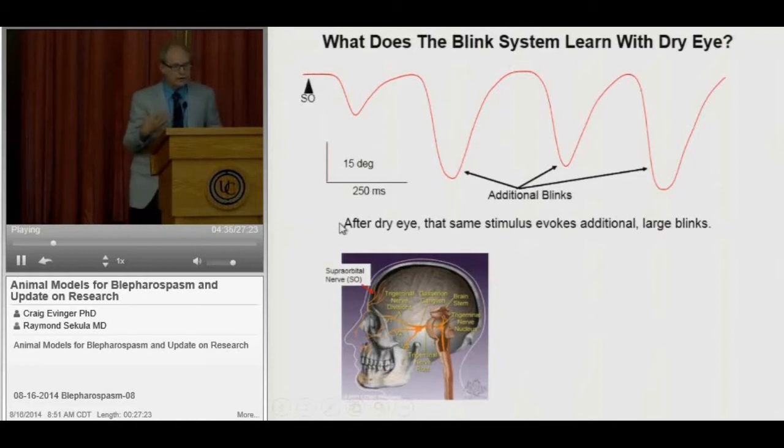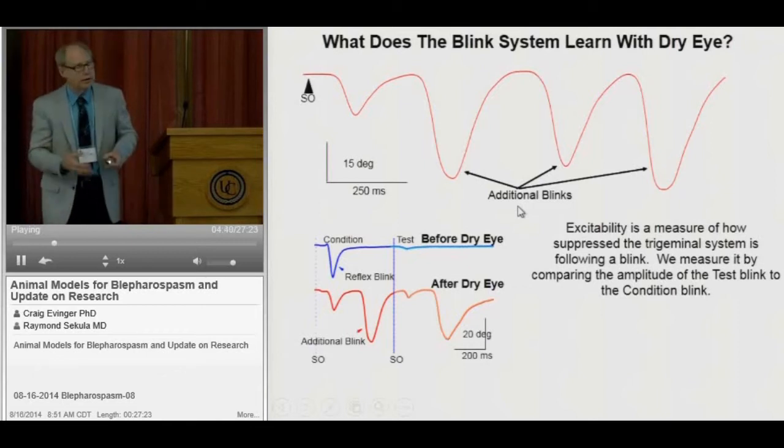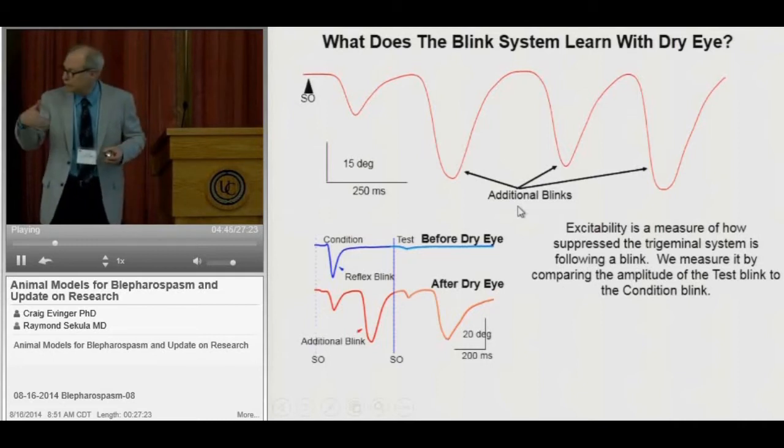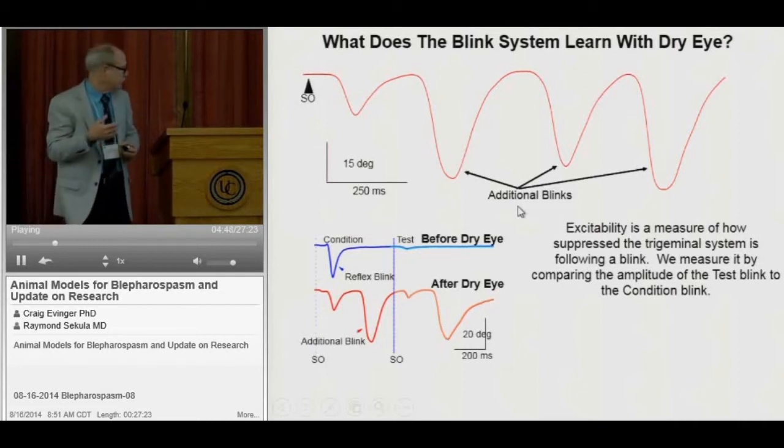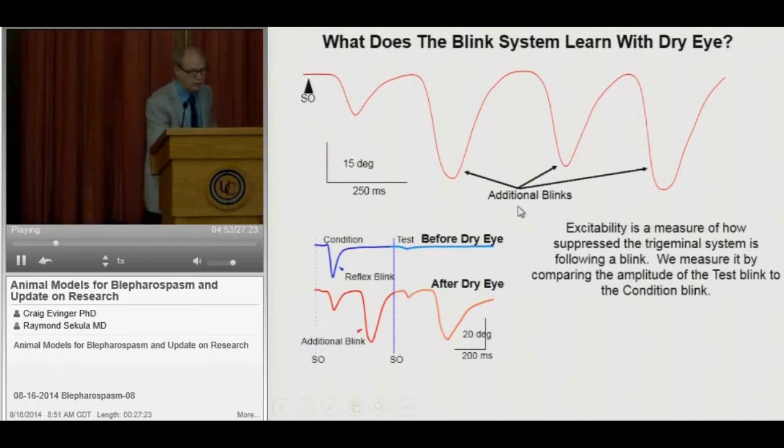You also get an increase in excitability. Remember I talked about how you want to suppress a blink after you've made a blink so you don't get blink after blink after blink. And this is all done through the trigeminal system. And when you have dry eye, you get more excitability than normal.